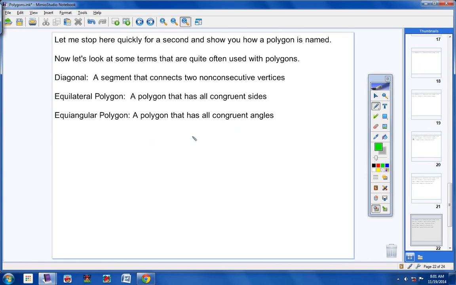So if you have a polygon that the angles are all the same, then it's an equiangular polygon, okay? Regular polygon, a polygon that is both equilateral and equiangular, both, okay? A polygon that is both equilateral and equiangular.